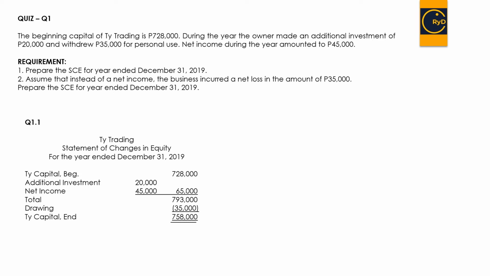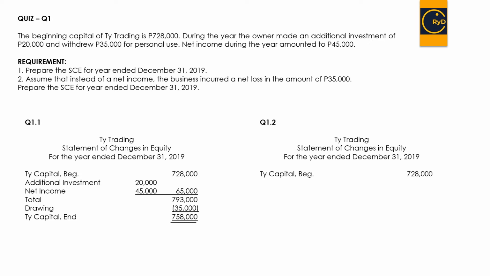758,000. Then for our requirement number 2, we still start with our heading, and then our T capital beginning still at 728,000, and then we add our additional investment at 20,000.